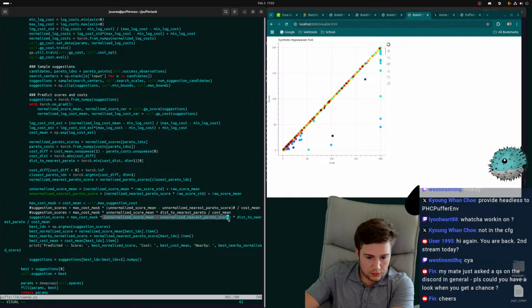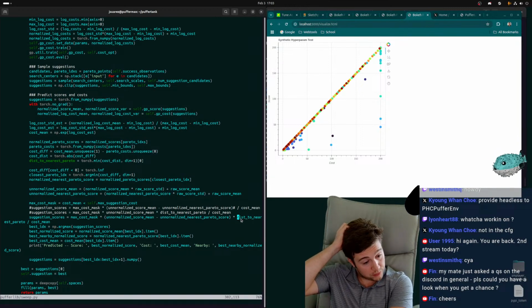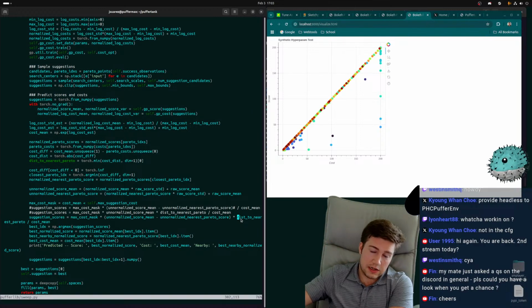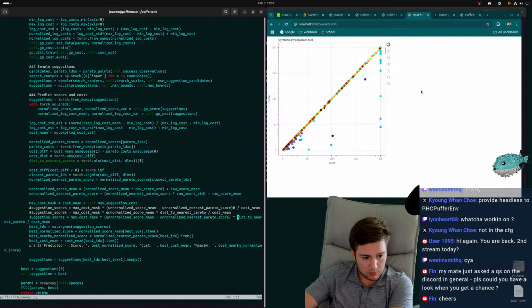Yes. So you subtract out the score here and multiply the distance to the nearest Pareto. I think I need to make the cost estimate conservative. I think that's the problem.